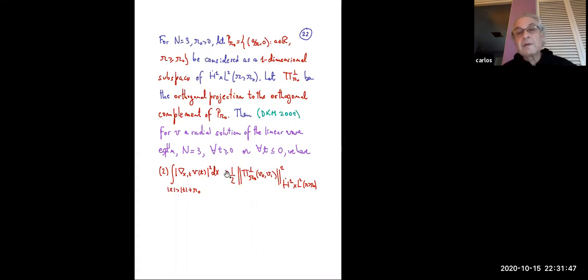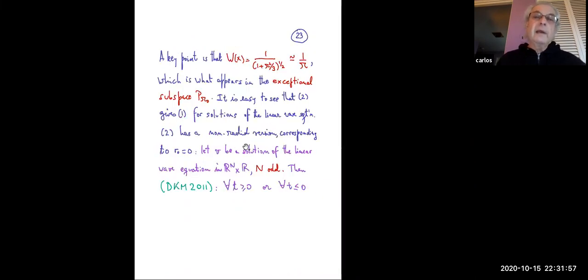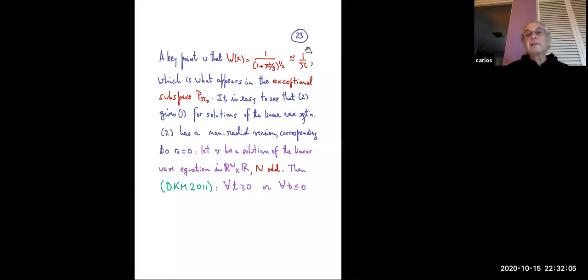The proof of this is elementary. So I just say that it can be done in one page. And it uses only calculus. Okay. Here, the key point, the connection to the nonlinear problem, comes from the fact that the behavior at infinity of the ground state is the one of the Newtonian potential. And this is what appears in this exceptional subspace.